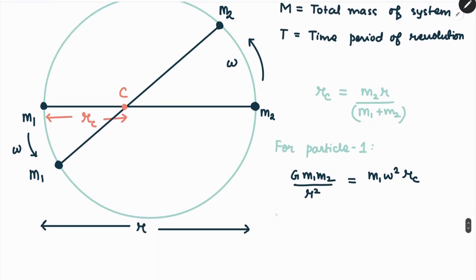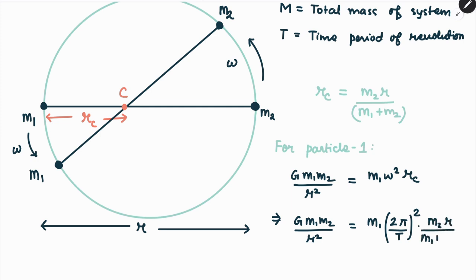So if we put the values over here, then G m1 m2 by r square is equal to m1, and omega square can be written as 2 pi by T square, and then we have rc, which we have already evaluated, M2R upon M1 plus M2.